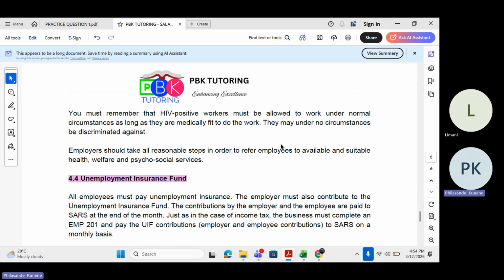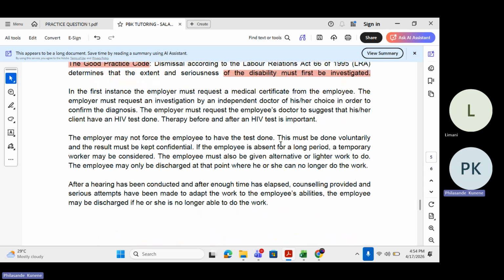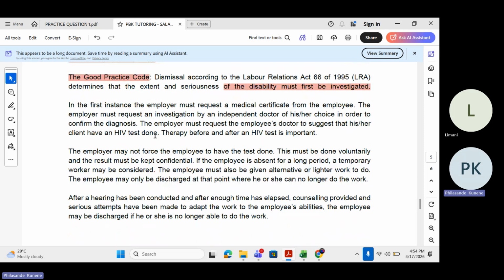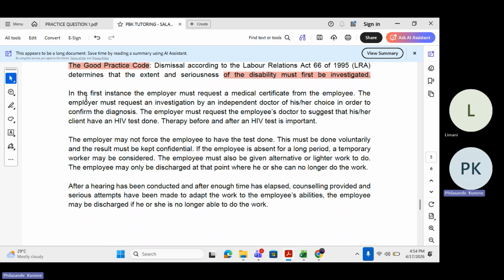Then we have all other information that we need to know. In the first instance, according to labor, the employer must request a medical certificate from the employee, right? There must be medical certificates that will come from hospital or clinic or from the doctor.